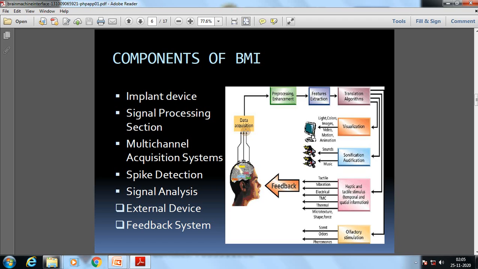All the data will be acquired from the different brain signals, and it goes to the pre-processing enhancement, where the signal enhancement will take place before the signals are fed to the processor.